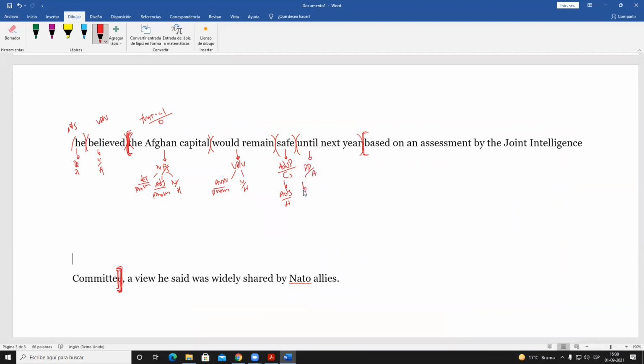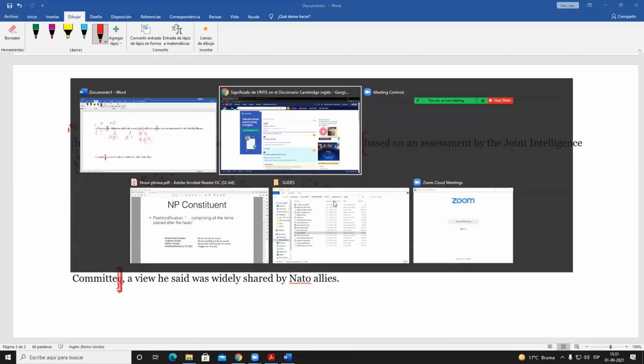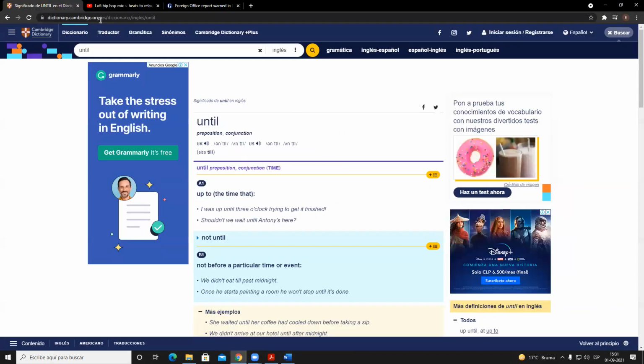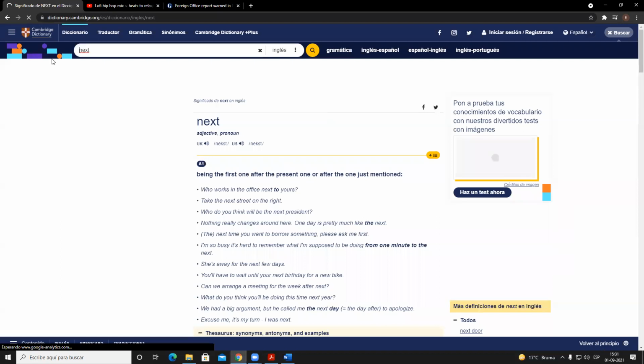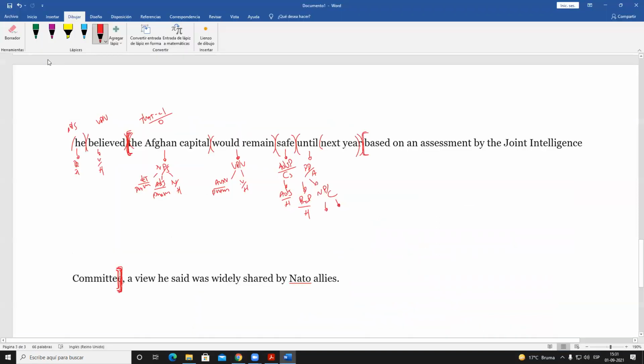Adverbial of time with my preposition until, and next year, my noun phrase complement, right? Next should be an adjective or a determiner, any of those. Adjective, excellent. Next, adjective. And then year is my noun head, no problem.